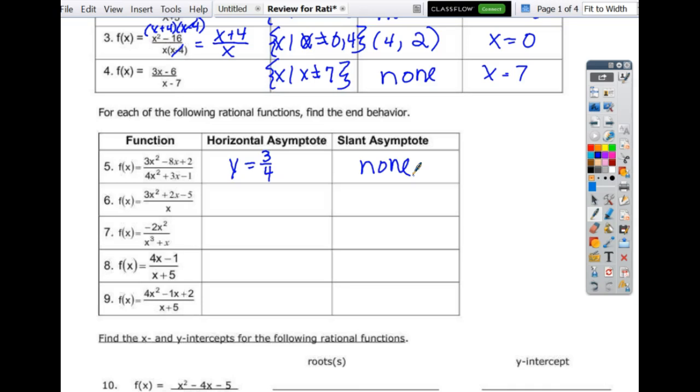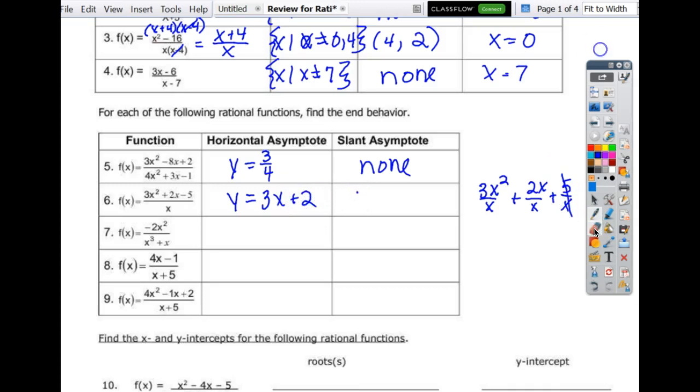All we have to do is divide by the x. So if I divide by the x, 3x squared divided by x is what? 3x squared divided by x gives me 3x. 2x divided by x gives me 2, and we don't care about the remainder.